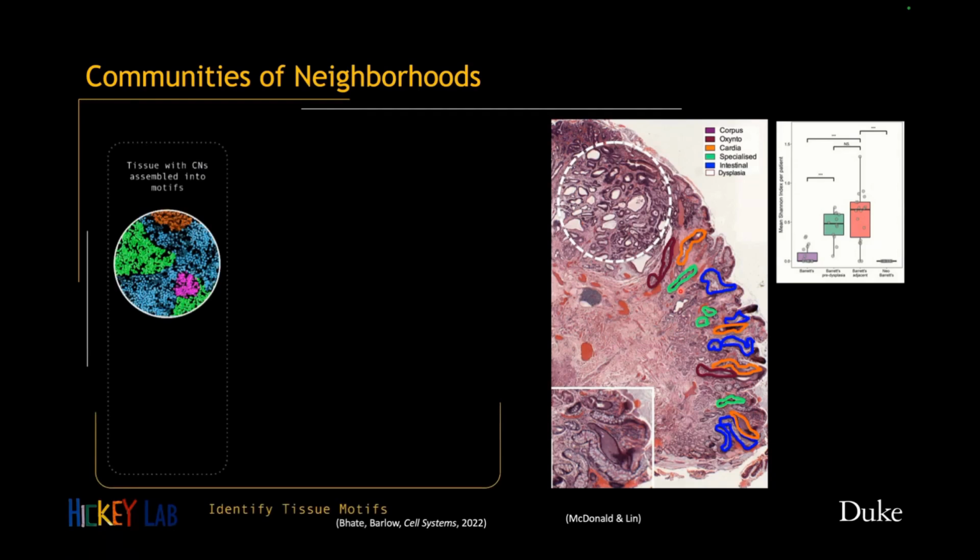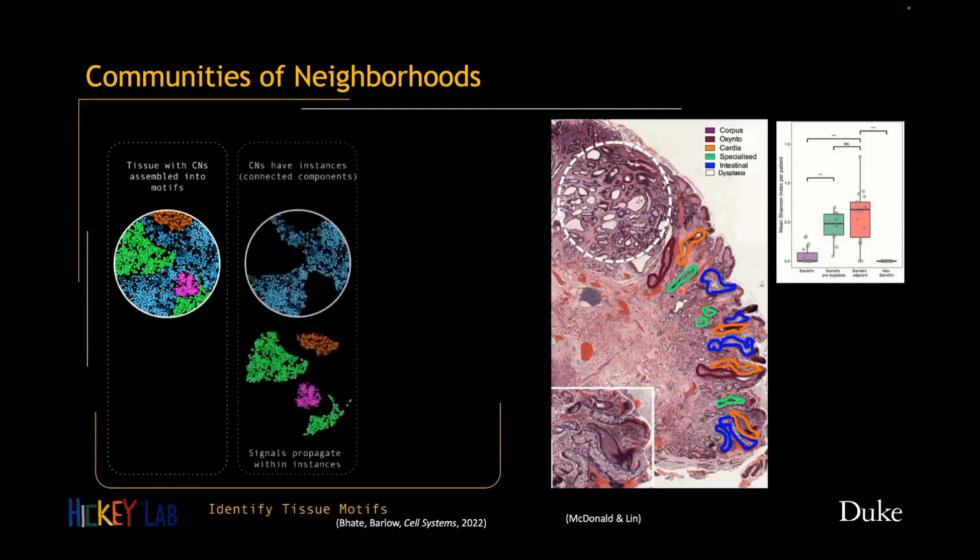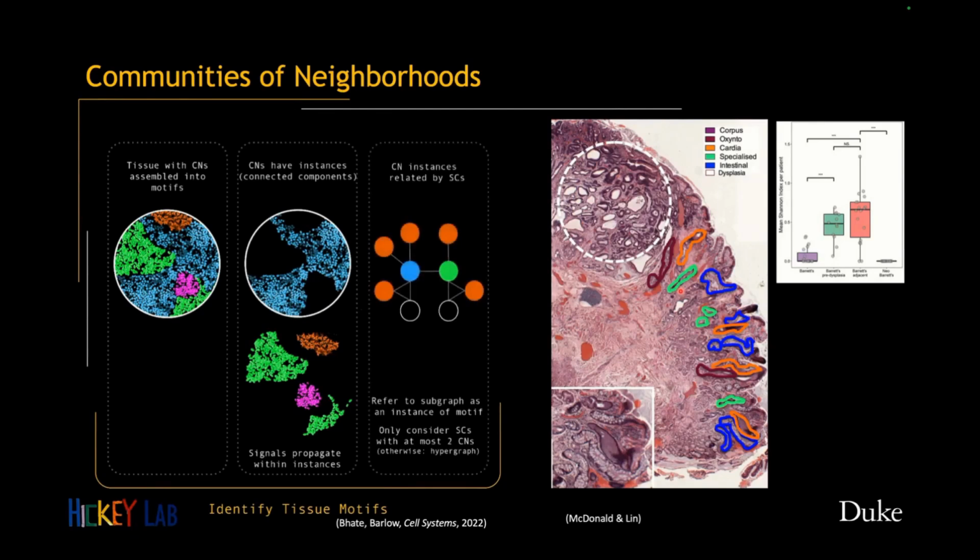And so we thought about, okay, well, this is done pathologically, but can we do this from the ground up with these cellular neighborhoods? And so we can think about taking these cellular neighborhoods out from each other and creating tissue graphs that we could permute, and then think about which cellular neighborhoods are interacting more with each other.